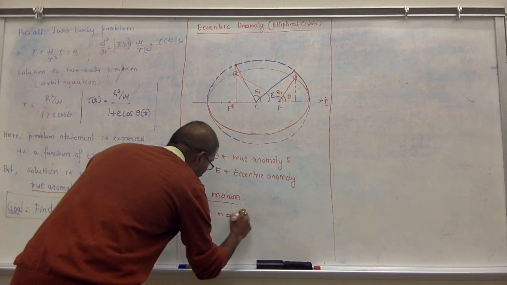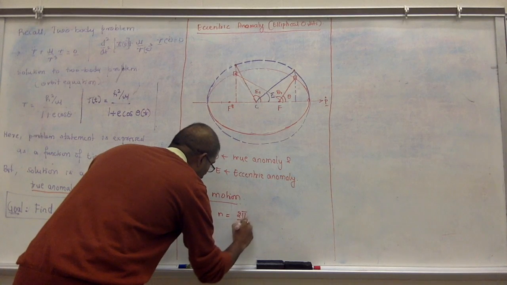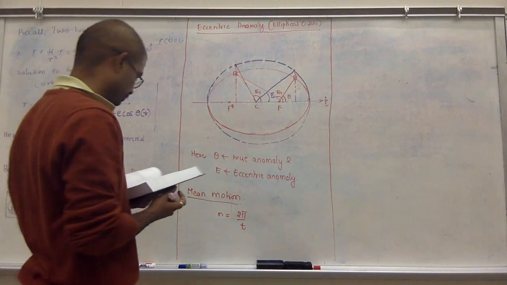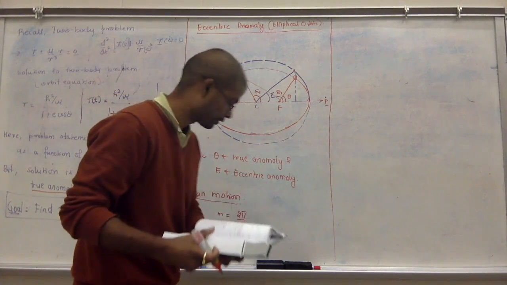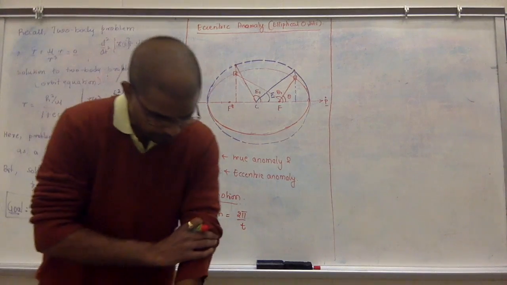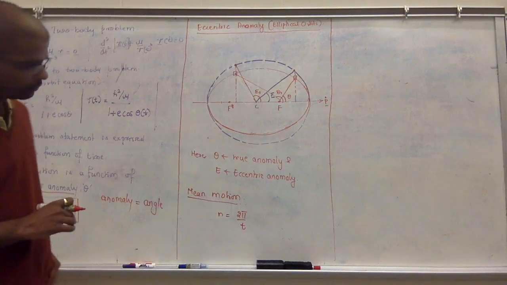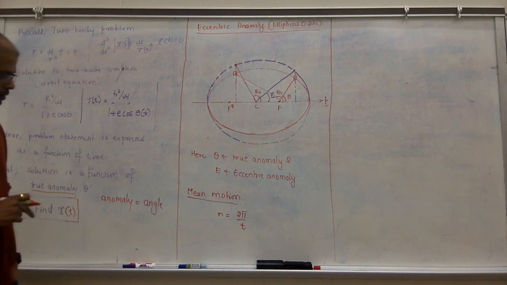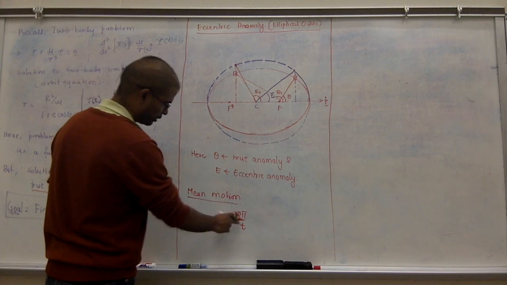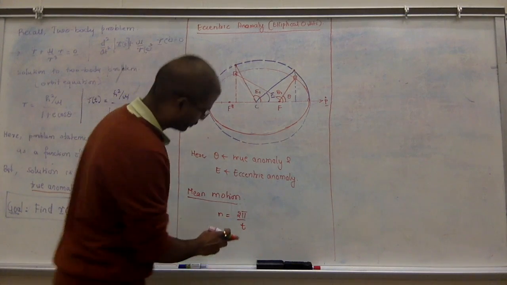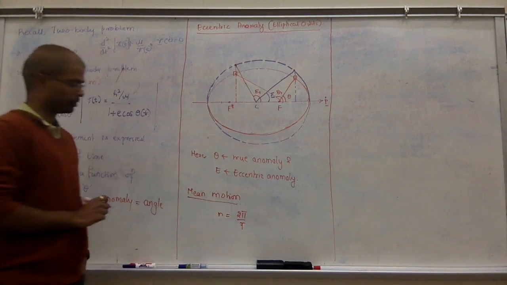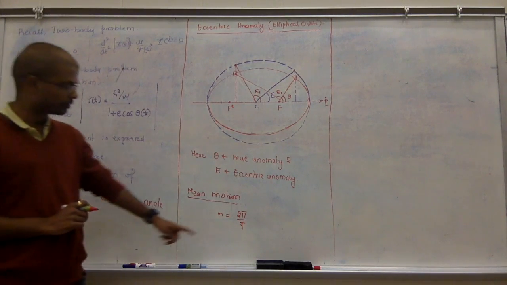See, n is 2 pi over T. What would n be in terms of 2 pi over this capital T? So what is n?